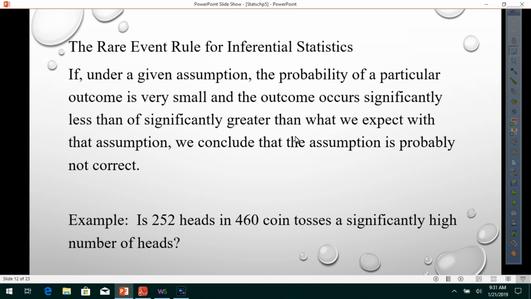Okay, so here's an example. Is 252 heads in 460 coin tosses a significantly high number of heads? Well, how many would you expect?